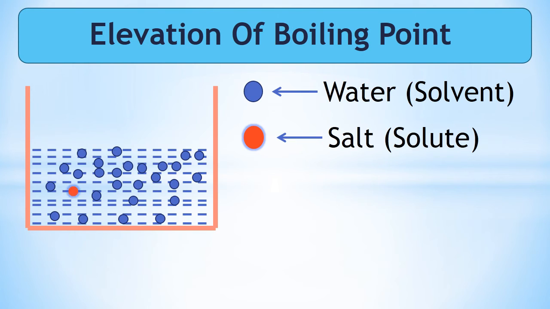Whenever a salt is added to water, due to solute-solvent interaction between ions from the salt and water molecules, less number of molecules in the vapor state exist on the surface, thus exerting less pressure on the surface. Hence, vapor pressure of the solution is lesser than the vapor pressure of a corresponding pure solvent.